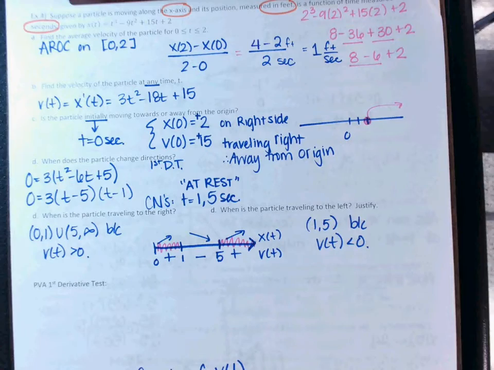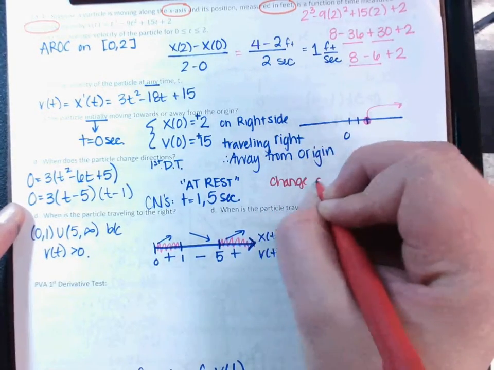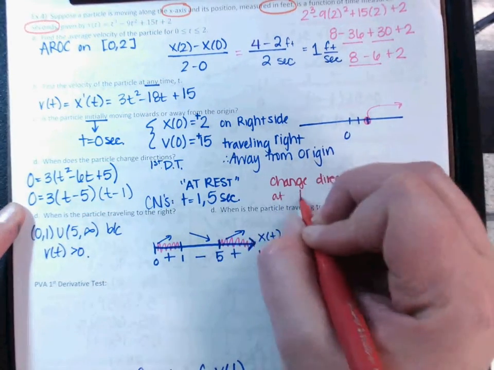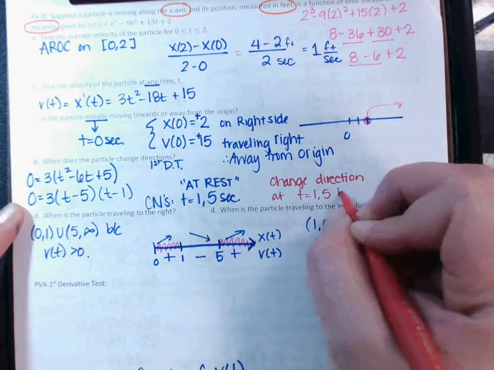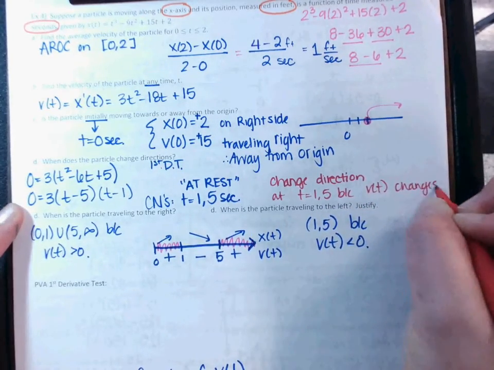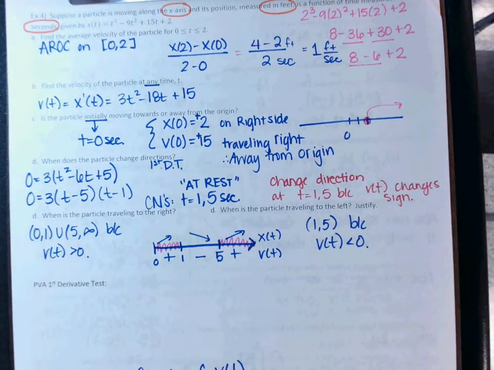So it's at rest at 1 and 5, and then it did change direction at both, because v of t changes sign. Remember that it's the sign of velocity that tells you the direction. So if you want the direction to change, you want to have a sign change on your number line. Which we did, but I should have answered, so thank you.